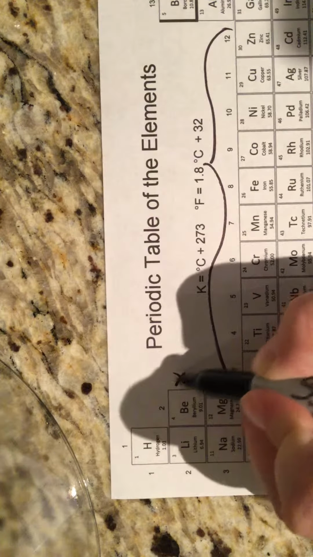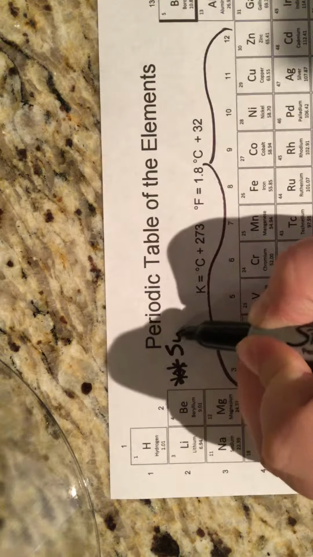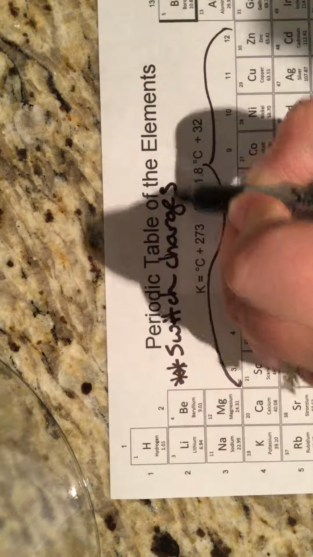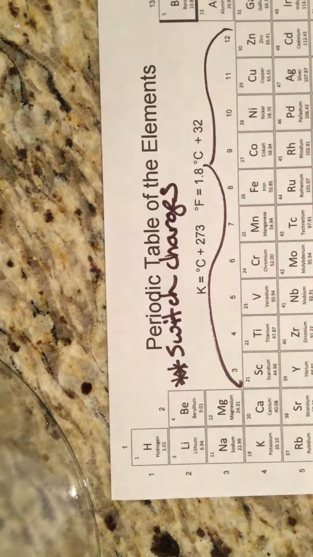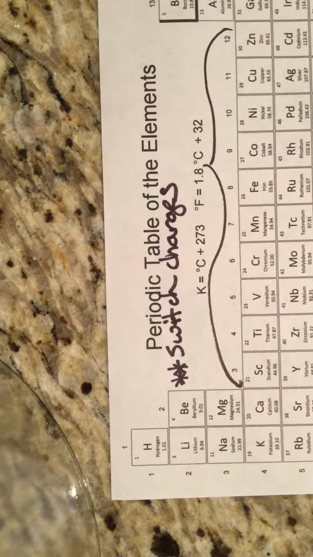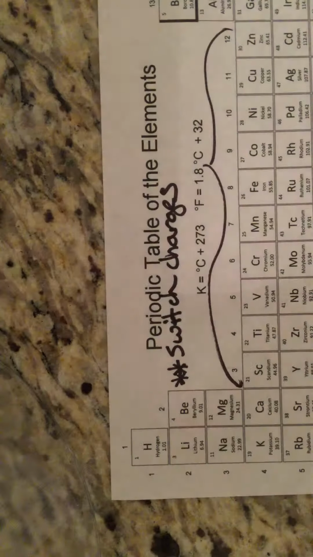That's because, depending on the element, the transition metals will switch their charges. Yesterday with the periodic table, we skipped them because they do something wacky. For example, copper can be a +1 charge, but it can also be a +2. Iron can be a +2, but it can also be a +3. So that's why we have to indicate the charge in Roman numerals in parentheses, because it's not the same all the time.